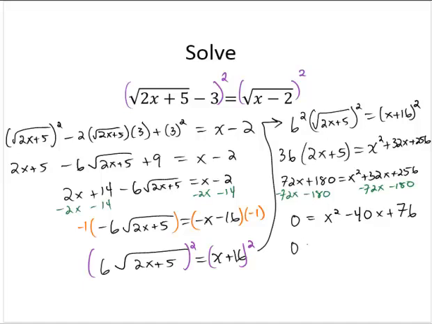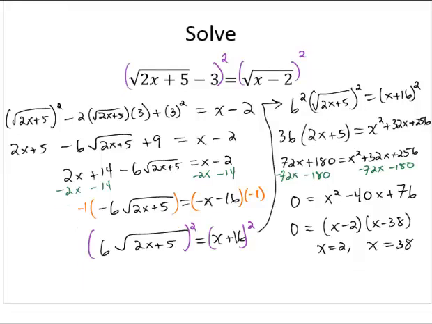The right-hand side factors as x minus 2 times x minus 38, which implies that x equals 2 and x equals 38.